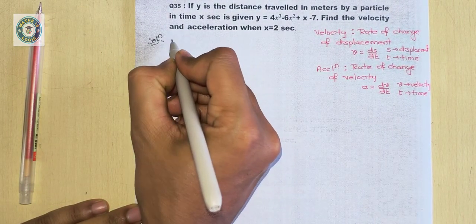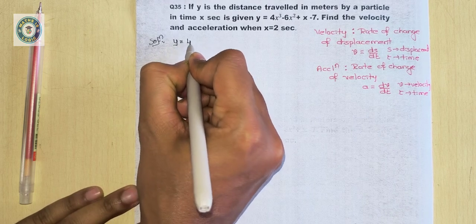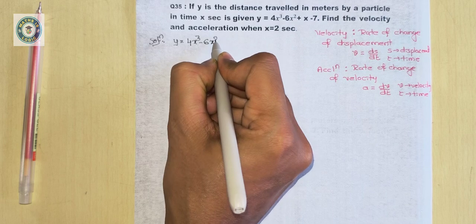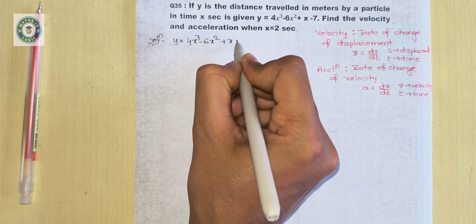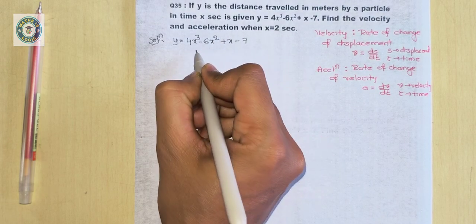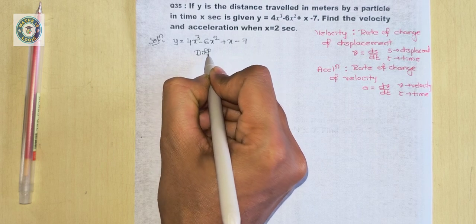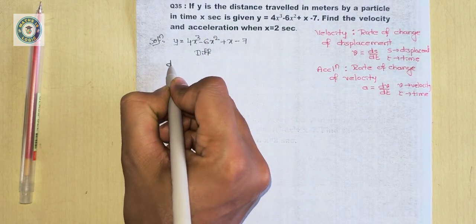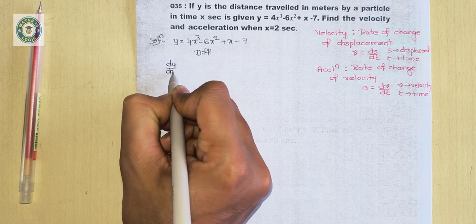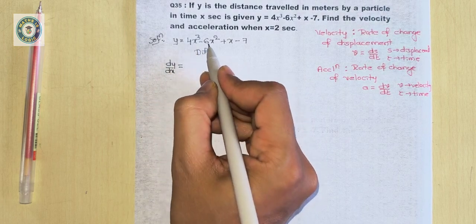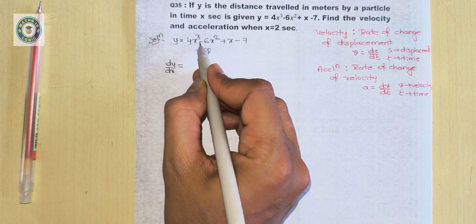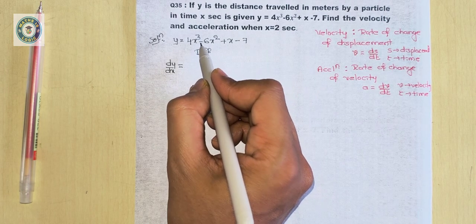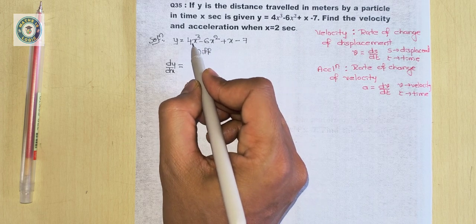So y is equal to 4x cube minus 6x square plus x minus 7. First do the differentiation with respect to time. So the differentiation of y is dy divided by dx. Here there are 4 terms, with plus and minus signs in between, so in differentiation we apply the plus and minus rule, which means we differentiate every term.